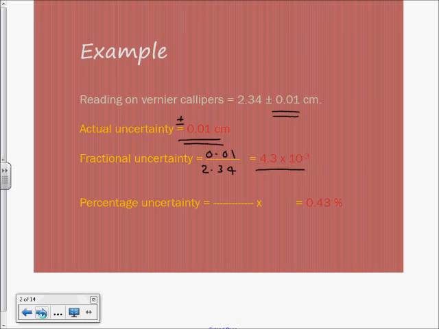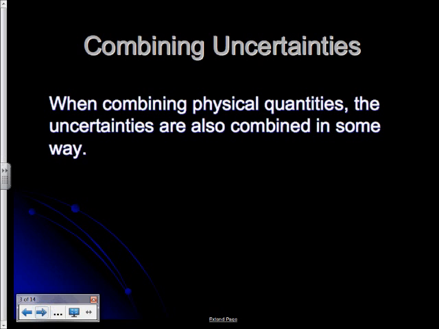And so 4.3 by 10 to the negative 3. If we then take that answer and multiply by 100, we get a percentage uncertainty of 0.43%. And that's a pretty small uncertainty in our reading. So I want you to put that example in your notes, please.